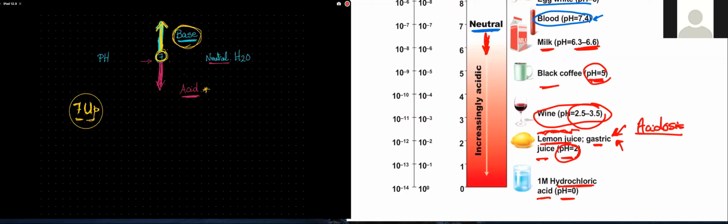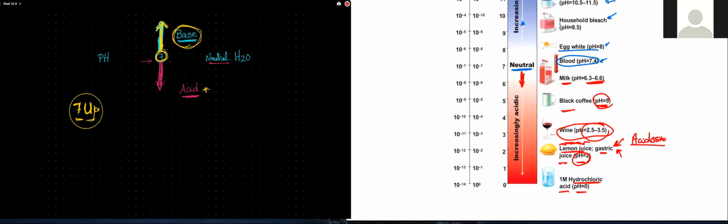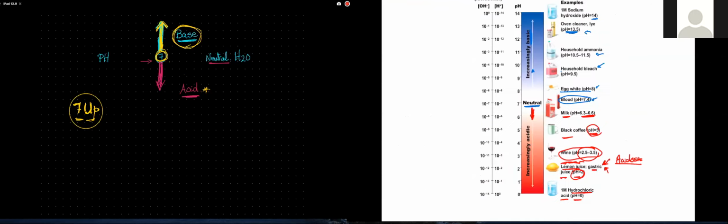But normally, with moderate intake of those acids or bases, your body can accommodate and maintain the normal blood pH, which is around 7.4.